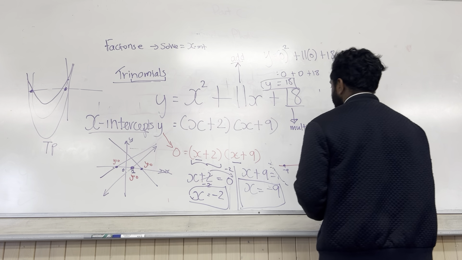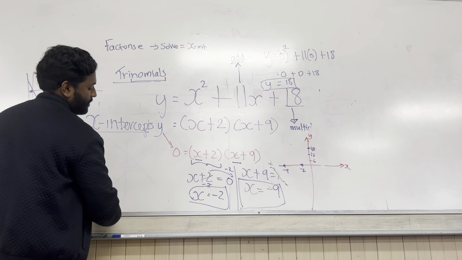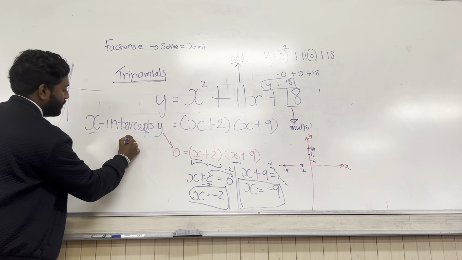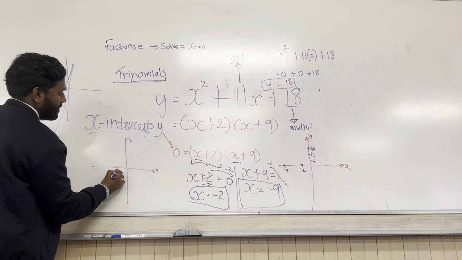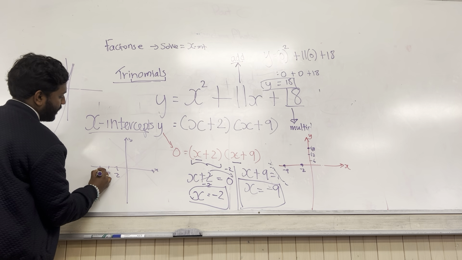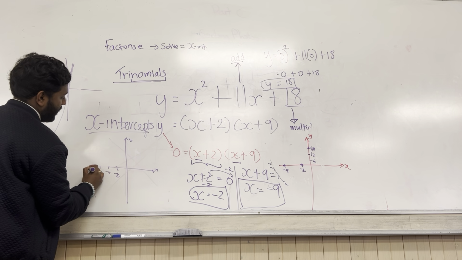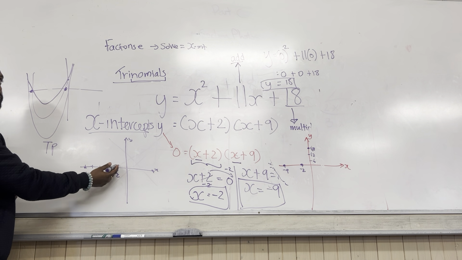So I'm just going to rub this off. You have the graph again, with x at negative 2, negative 4, negative 6, negative 8, negative 9. Now, where does a graph usually turn?